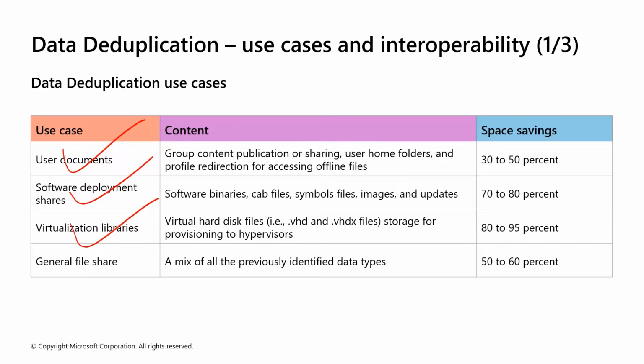Virtualization libraries. Storing virtual hard disks can save up to 95%. And finally, general file shares. Mixed data types can save 50 to 60%. These savings help organizations reduce storage costs and improve efficiency.